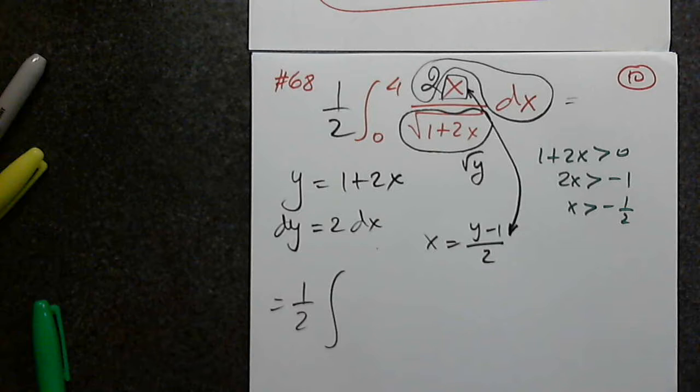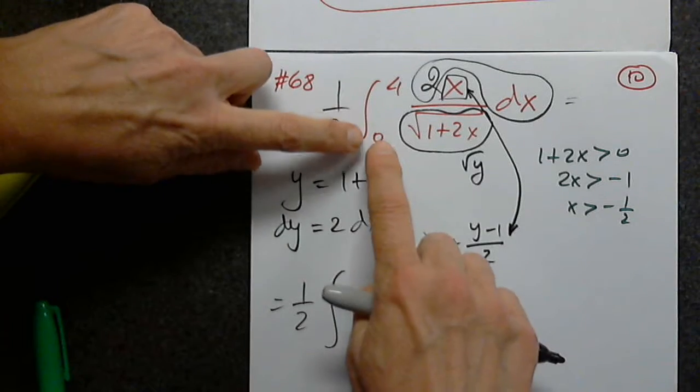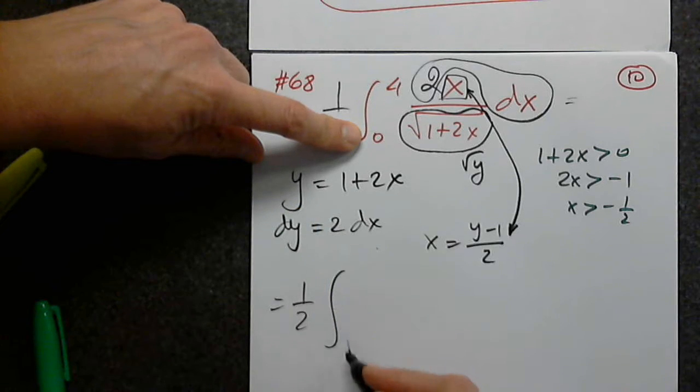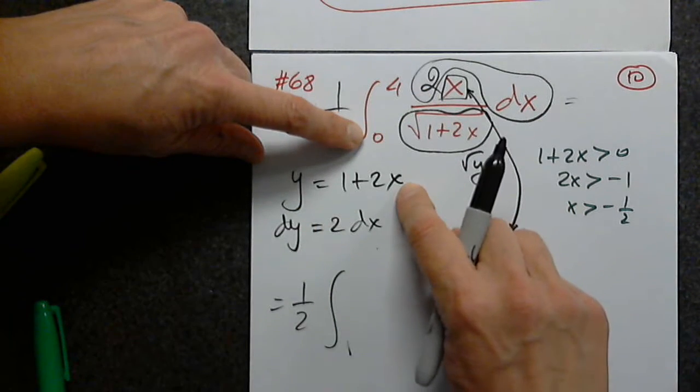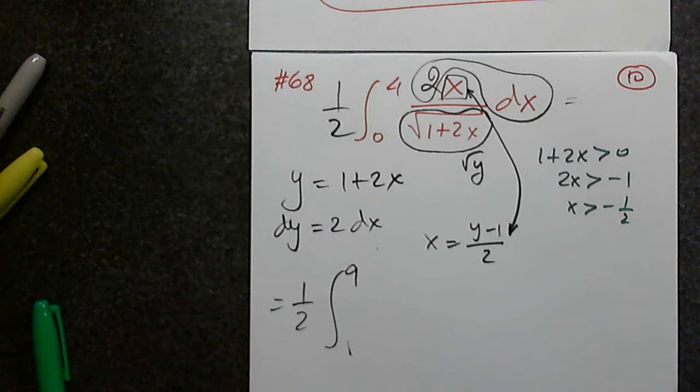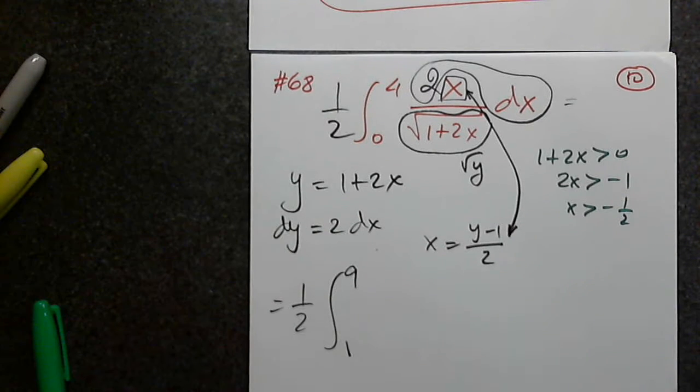The limits of integration, please. When x is 0, how much is y? When x is 4, how much is y? Do we agree that when x is between 0 and 4, y will be between 1 and 9? Very good.